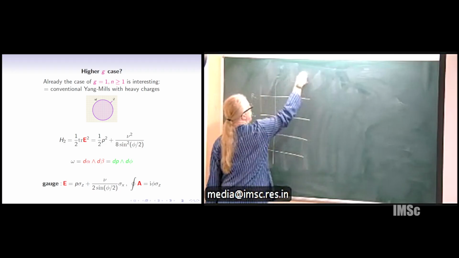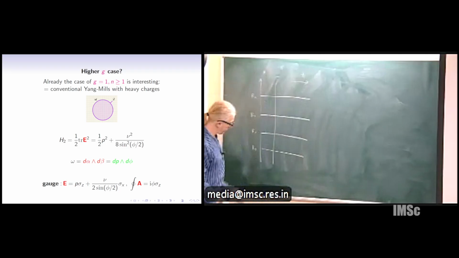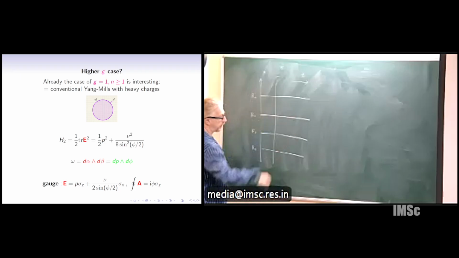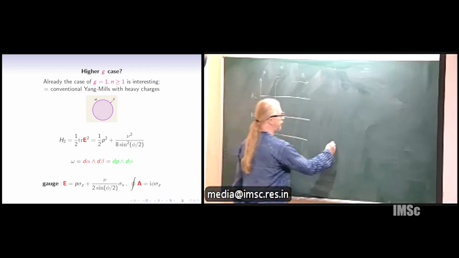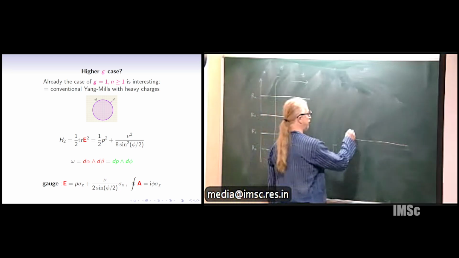So this is time, this is space. Let's say it goes off to infinity. So in this language, it will correspond to the graph which is the so-called comb type graph.